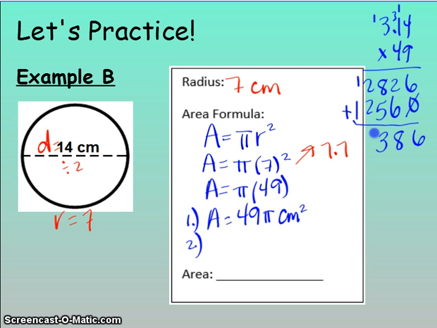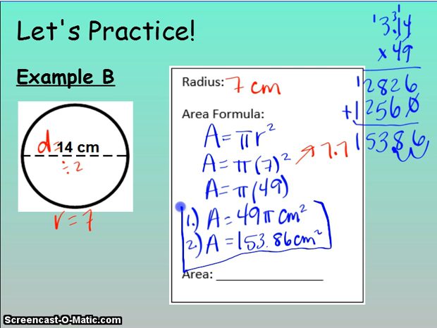Okay, and then that gives me 5, and then bring down your 1. Okay, you got 2 numbers behind the decimal, so 1, 2. Put your decimal down. Your second answer, area, is 153.86, remember units, centimeters squared, and circle it. Try to be circling your answers today, boxing them in so that they're easier to find.